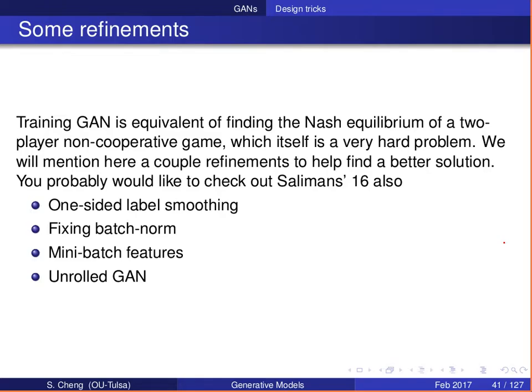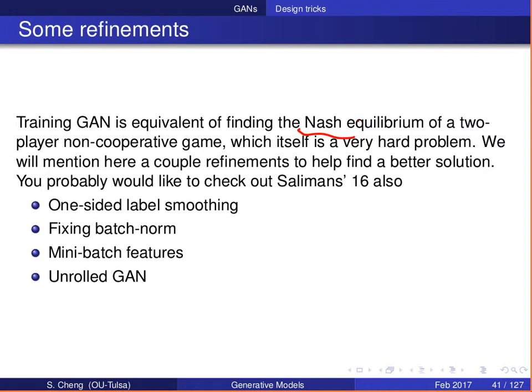And there are quite a few refinements for GAN, because if you think of GAN, I'm not sure how familiar you guys are with game theory, Nash equilibrium and so on. So you have two players in a non-cooperative game, and Nash is also, of course, very famous for proving that there's always a Nash equilibrium there. But the proof is one of those non-constructive proofs.